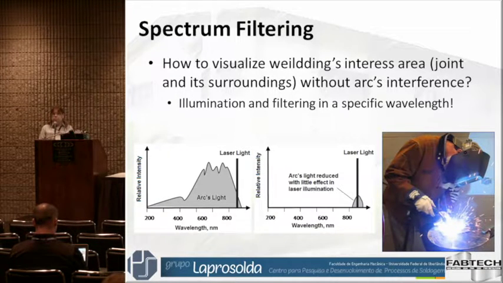One technique that has been mentioned many times, I think a previous speaker used something like this: you illuminate your area with a light in a specific spectrum where the arc light is low, and you filter in the same specific wavelength to have the arc light overshadowed by the laser or your illumination source.